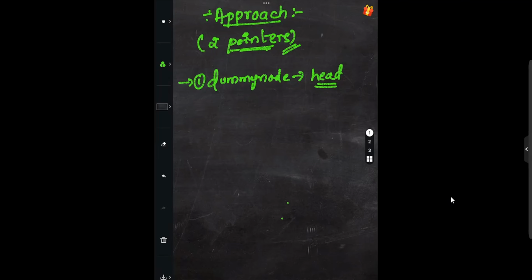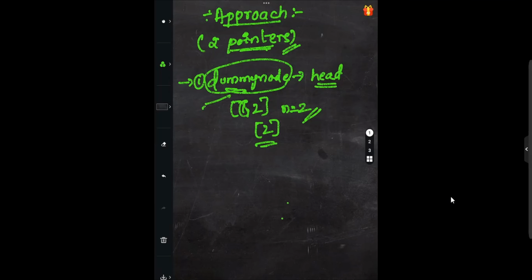Why do we use the dummy node? Because it helps to handle edge cases like removing the first node. Suppose we have 1 and 2 as elements, and n equals 2. We have to remove the first element and the output should be 2. In this case, the dummy node will be very helpful. So this will be the first step.